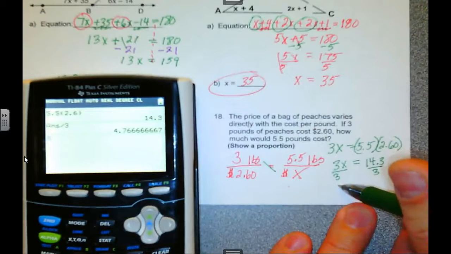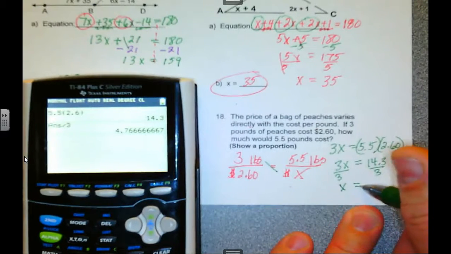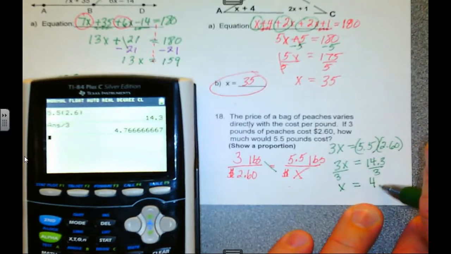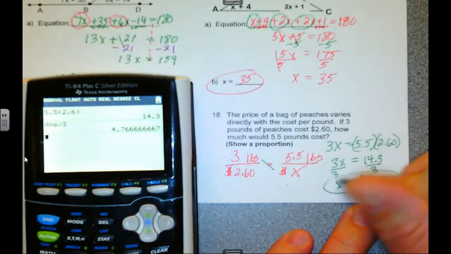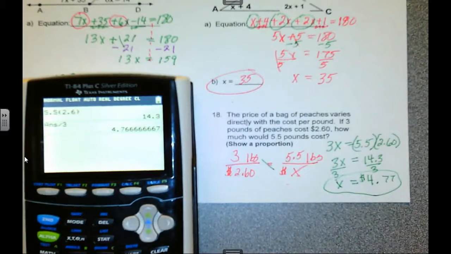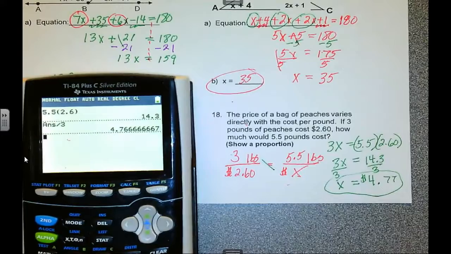So each pound, or actually 5.5 pounds, is going to cost $4.77. Is that fuzzy to you, or is it my eyesight? Oh, much better.